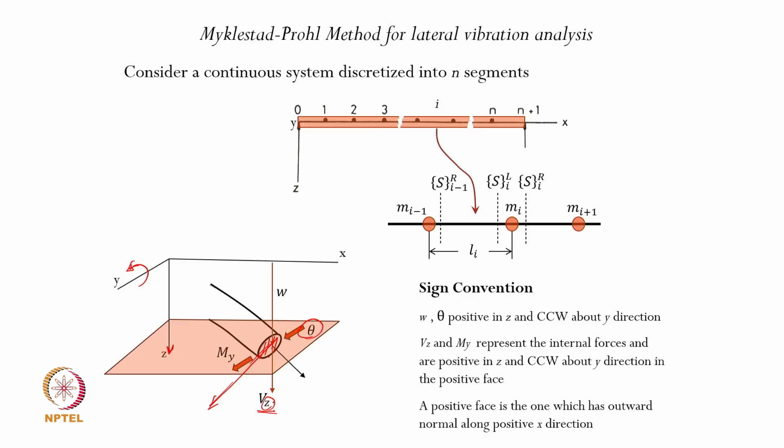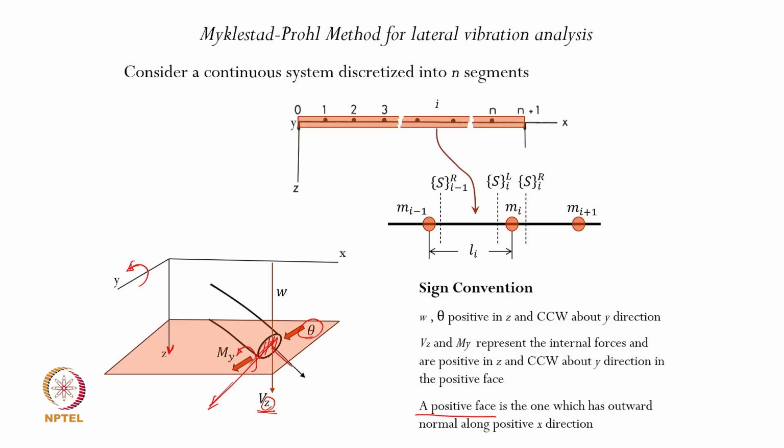So My being the bending moment about this y axis, it is considered counterclockwise on the positive face as the positive values. And how do we define a positive face? A positive face is the one which has outward normal along positive x axis.